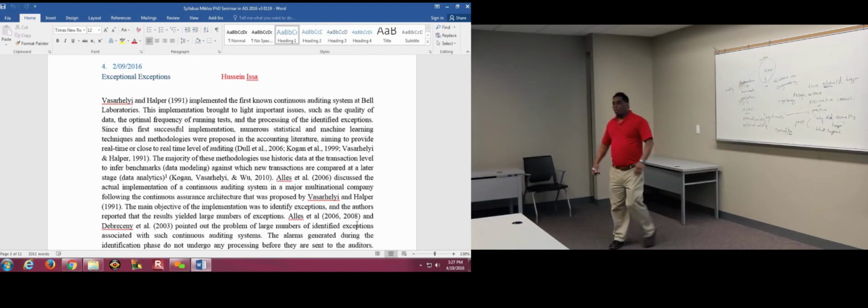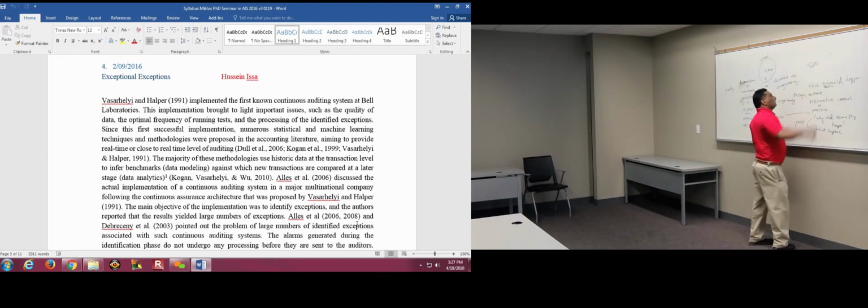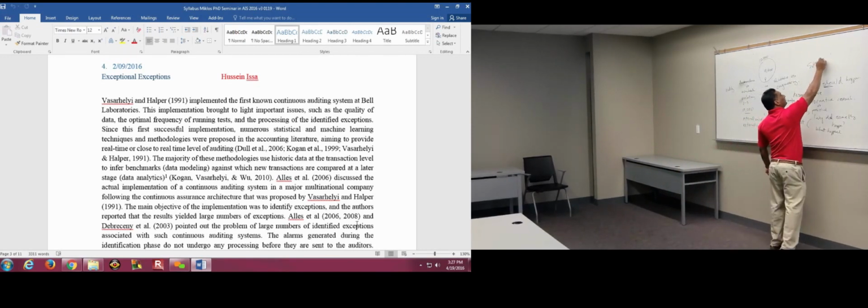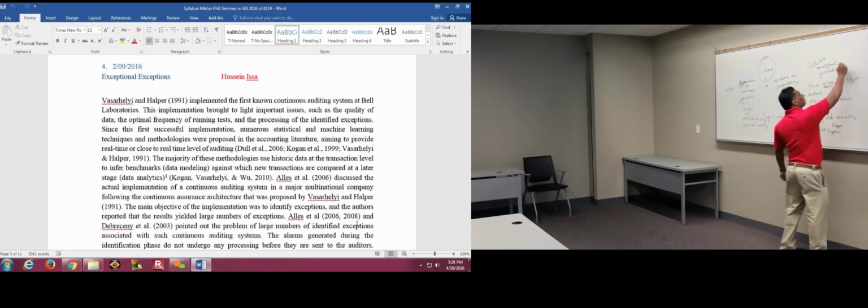Now, one way you can do that is by using accounting standards, and I believe it's SAS 50, I'm not sure. But there is an accounting standard on analytical procedures, and it mentions in the midst of this long standard that you should look at outliers.